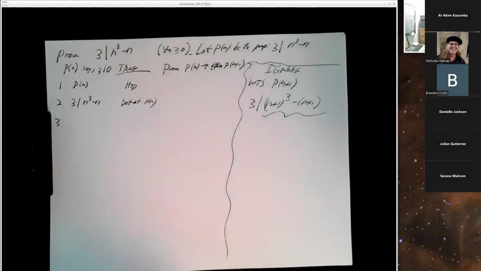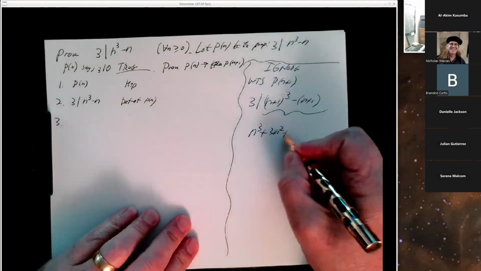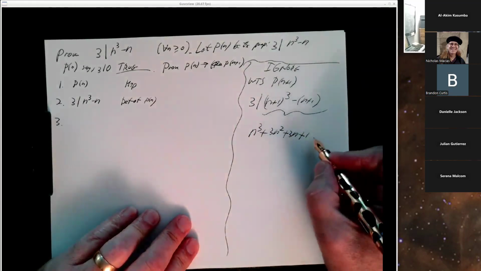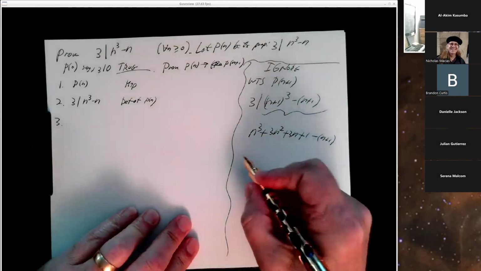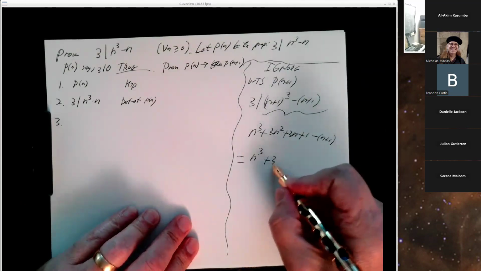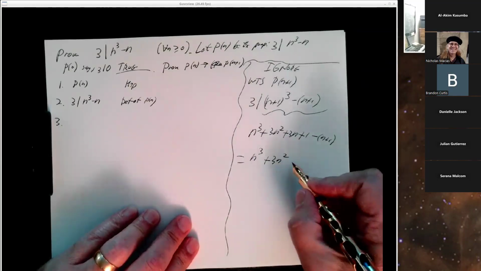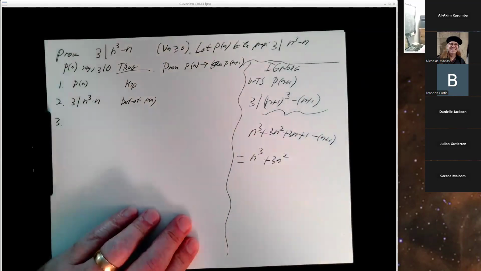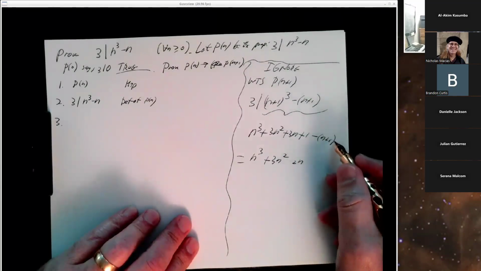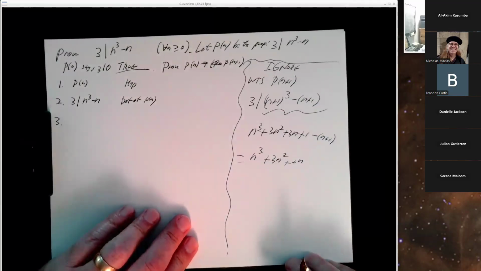So if you do FOIL 3 times, n plus 1 cubed is n cubed plus 3n squared plus 3n plus 1. And then I want to subtract n plus 1. So that's going to give me n cubed plus 3n squared. 3n minus n will be 2n, and then plus 1 minus 1 will cancel each other out.